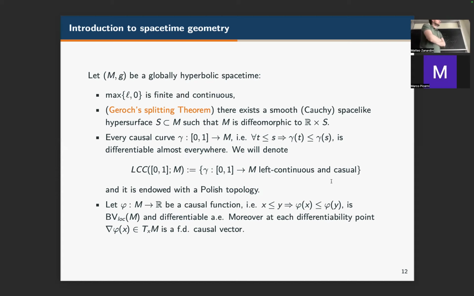Okay. Now I want to give you some structural results about causal curves and causal functions. A causal curve is a curve from [0,1] to the manifold, such that for any couple of times t less than or equal to s, the curve at time t is always in the causal past of gamma s. It is a function that more or less increases the partial order. These kinds of functions are, first of all, continuous almost everywhere.